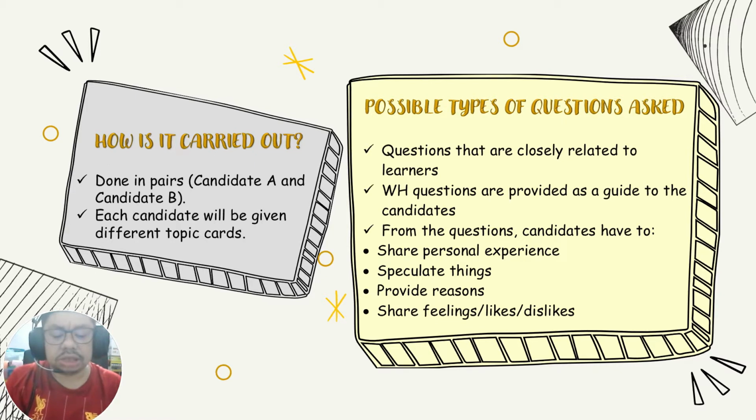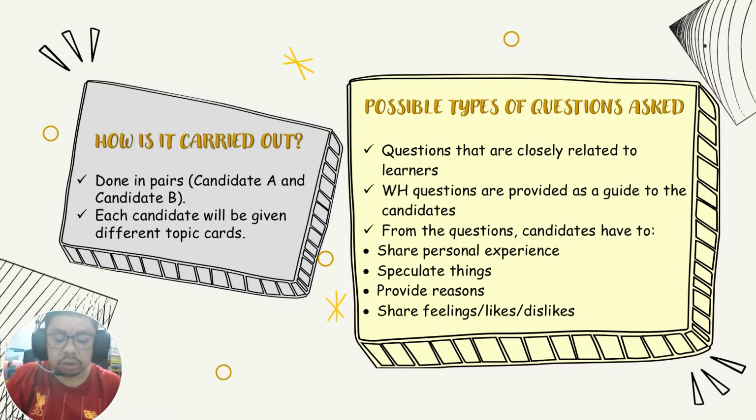It means the questions will be something that you have knowledge or experience with, such as a celebration, going for a holiday, doing chores, and so on. Then, WH questions are provided as a guide to the candidates. You do not have to think about what WH questions to use since they are given. All you have to do is answer the given questions and all is done.